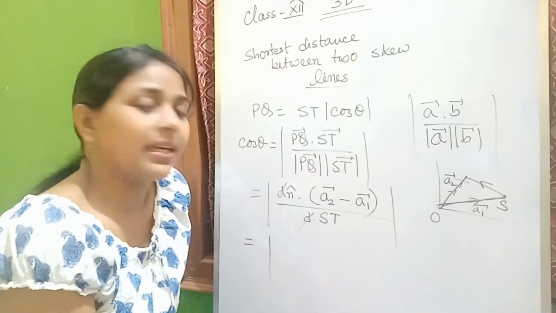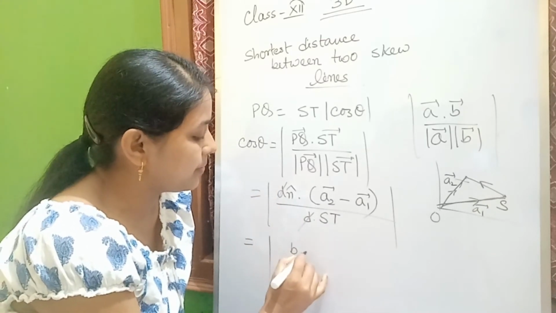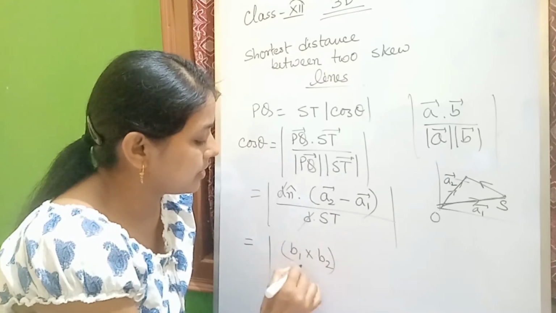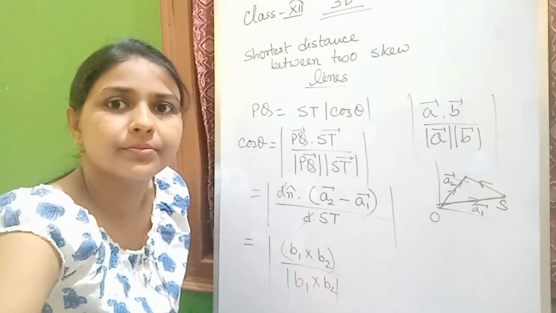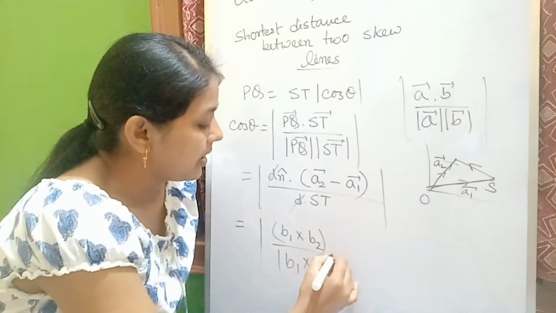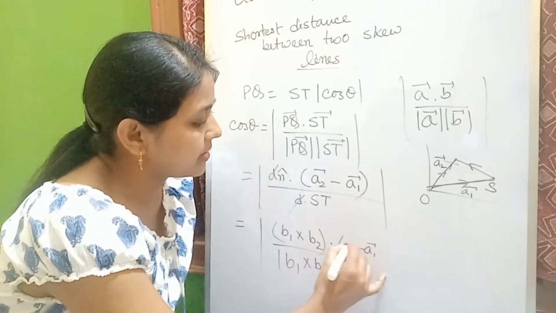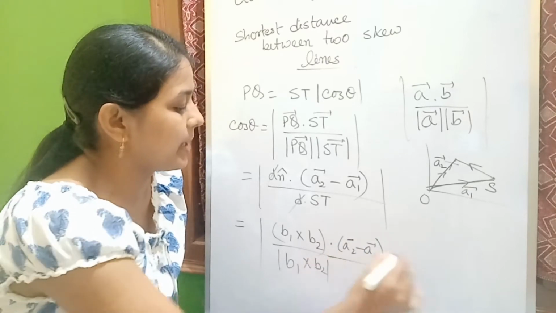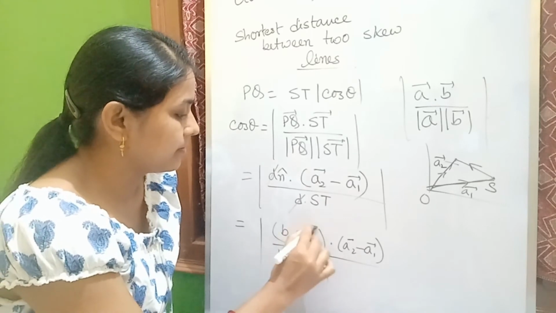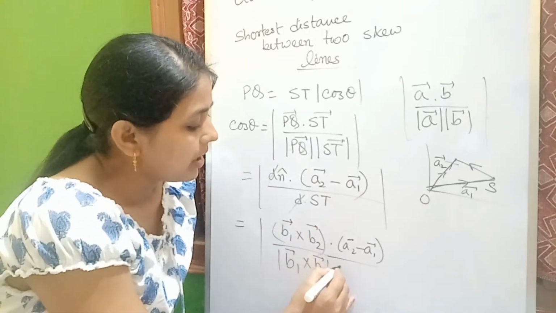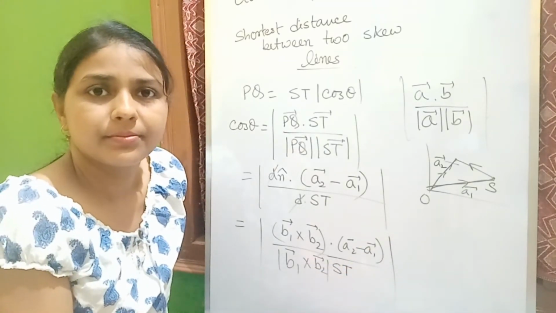This D will be cancelled out. N cap we have already written as B1 cross B2 divided by mod of B1 cross B2, dot product with A2 vector minus A1 vector, into ST and modulus.